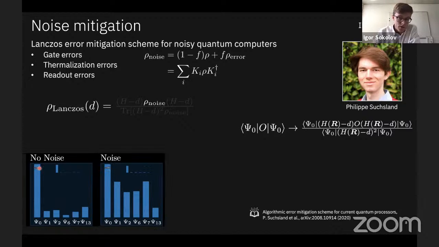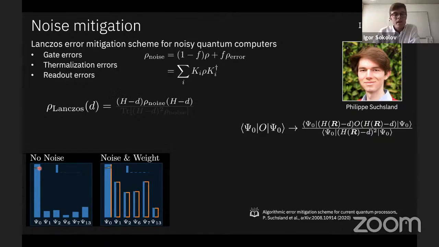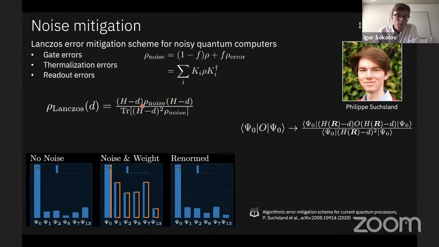As soon as we have noise, we have a large contribution from the excited states. Then we can apply H minus D to our noisy density matrix, with D assumed to be a multiple of the identity matrix, and we can renormalize it. This renormalization then allows us to suppress the contribution of the excited states.